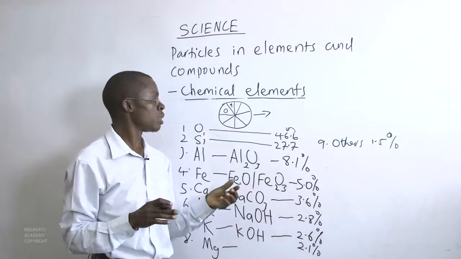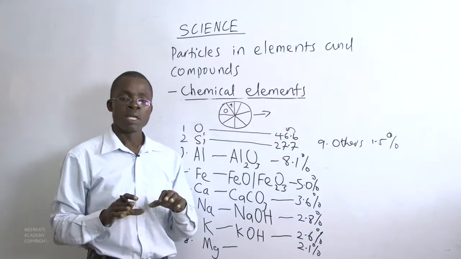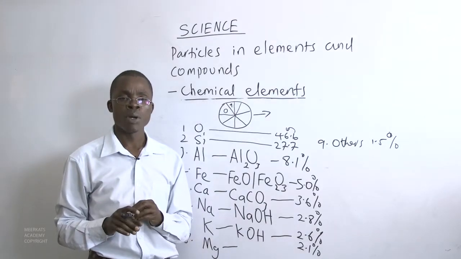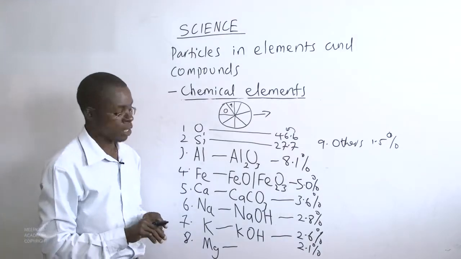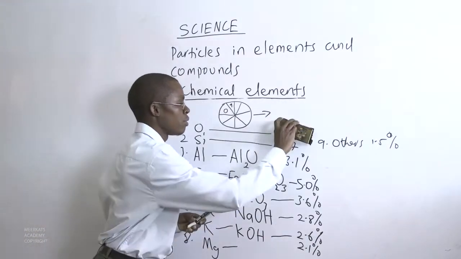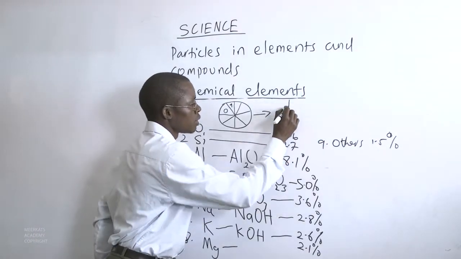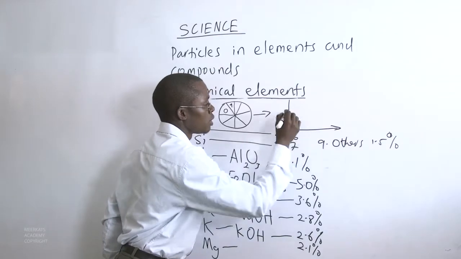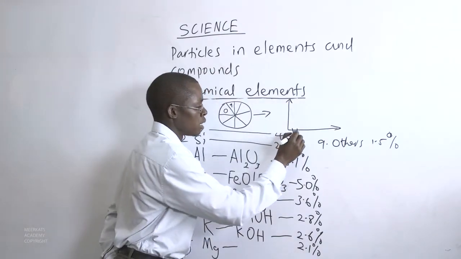What's the difference between a pie chart and a bar graph? The information they carry is the same, but the shape of the diagram will be different. For a bar graph, we have an X and Y axis, which will be well calibrated.